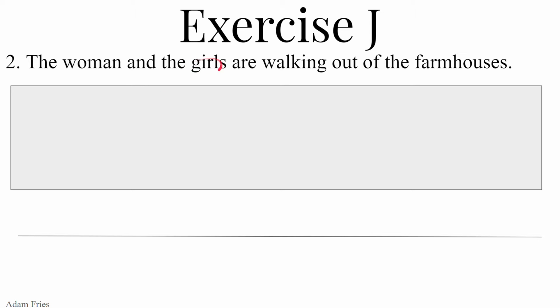The girls, puellae, feminine, we want the nominative plural, puellae. They are walking, they, third person plural, nt ending on ambulo, ambulare, ambulavi, ambulatus. So we have ambulant, femina et puellae ambulant.